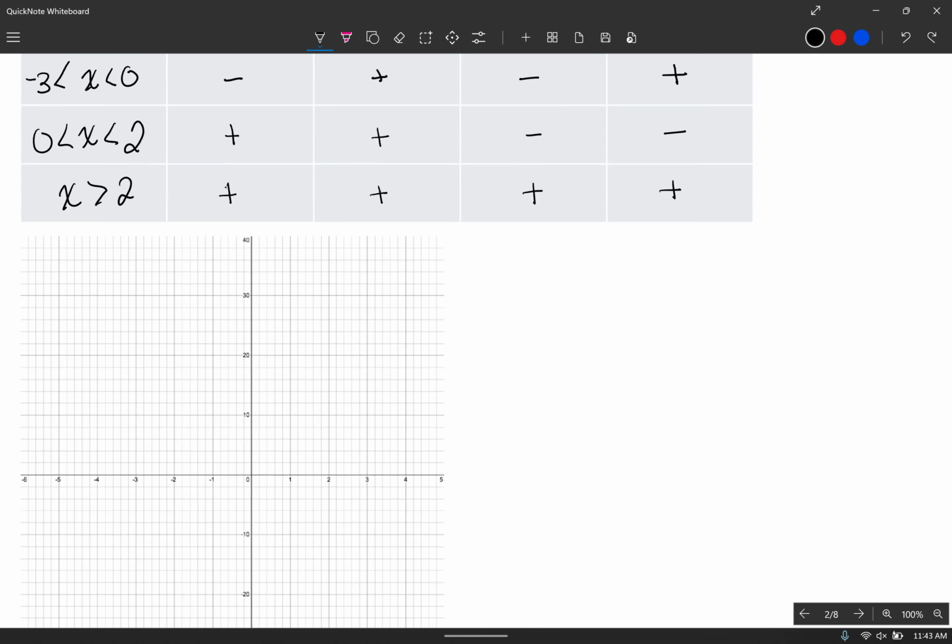So my zeros are at negative 3, 0, and 2. So I know that to the left of negative 3, we're going to start down, come up, cross over, and then we're going to curve at some point, come back down through 0, curve at some point, and go up through 2.